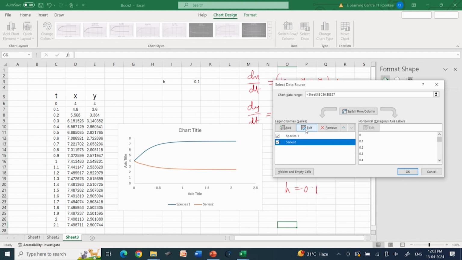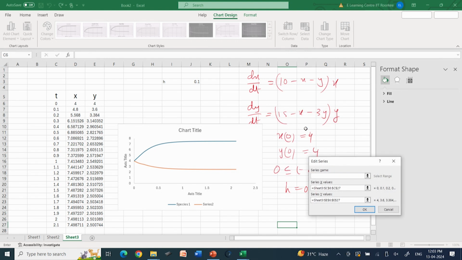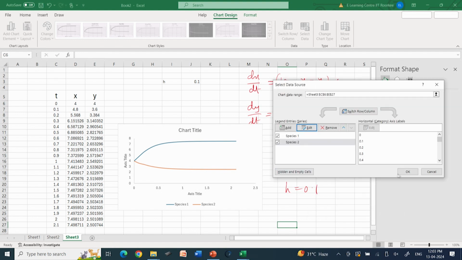You click this, go to edit and type species 2. This becomes species 2.